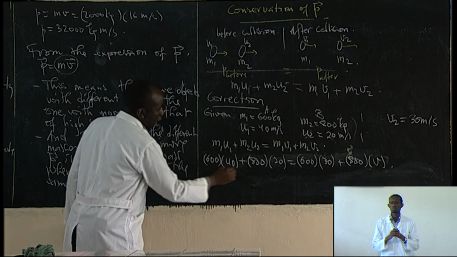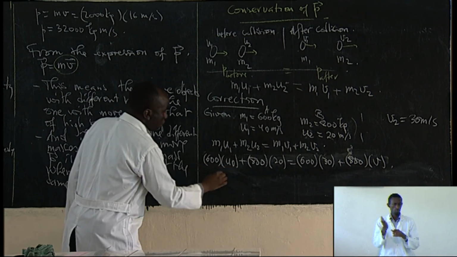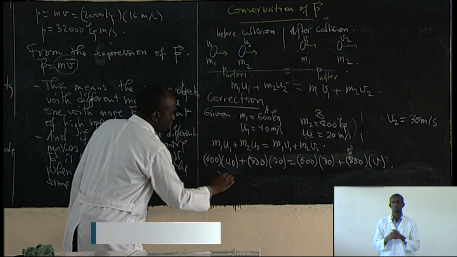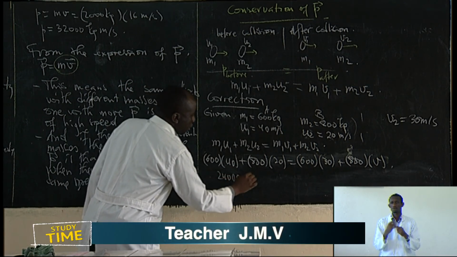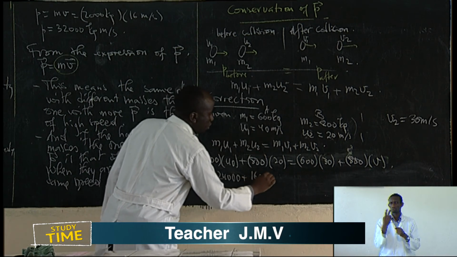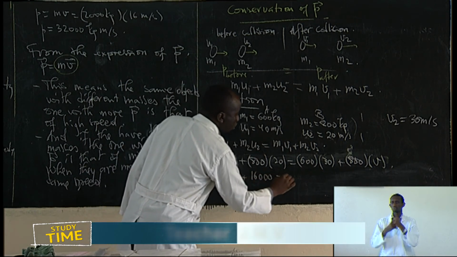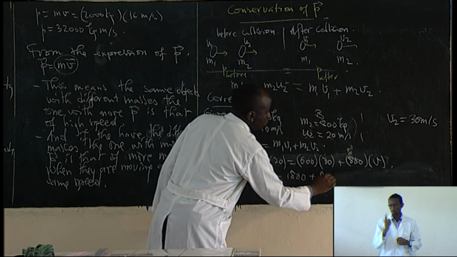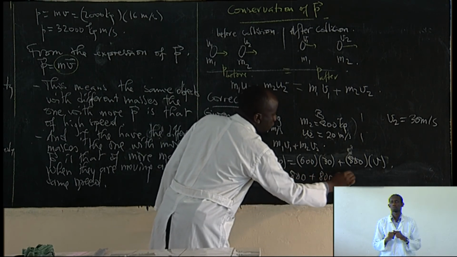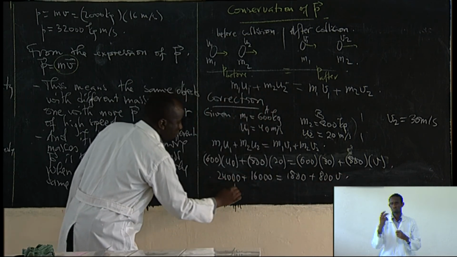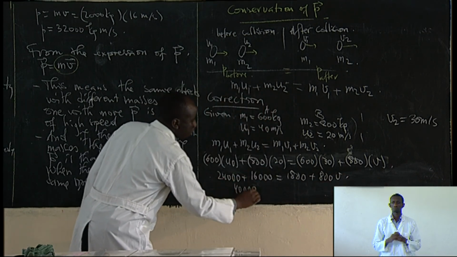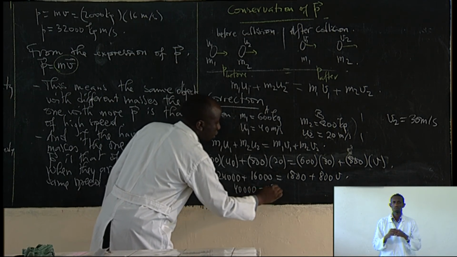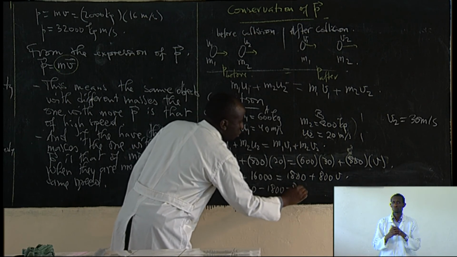If we add these, we have 2400 plus 1600, then equals 118 plus 800 V. So this time now we have 40,000 subtracting 118 equals 8 V.